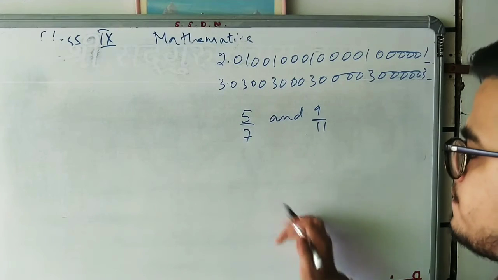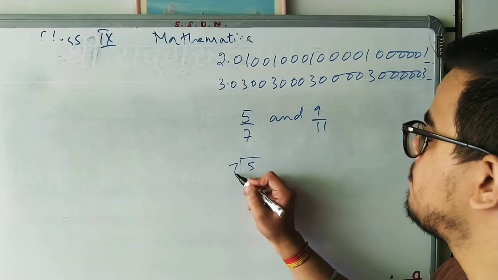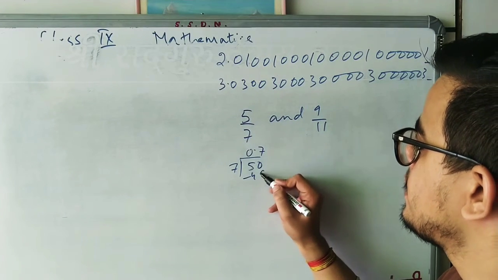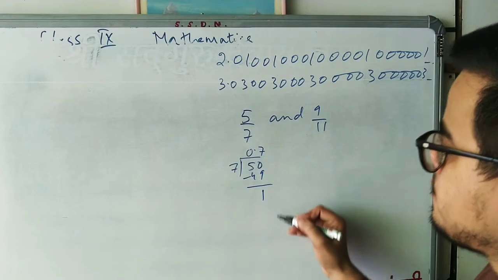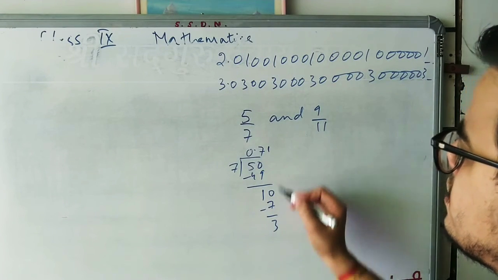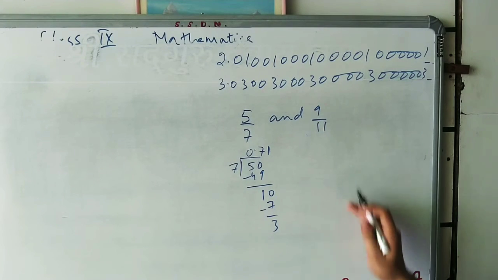Firstly, we would divide 5 by 7. 7 sevens are 49. We get here 1. 7 ones are 7. We see only 2 digits of decimal are sufficient.